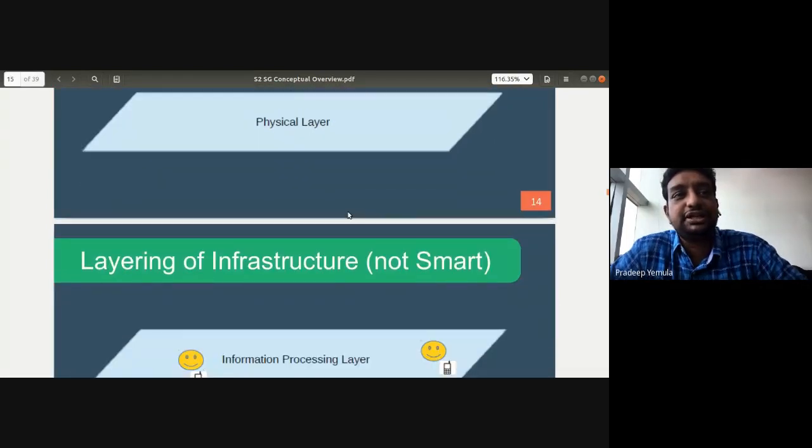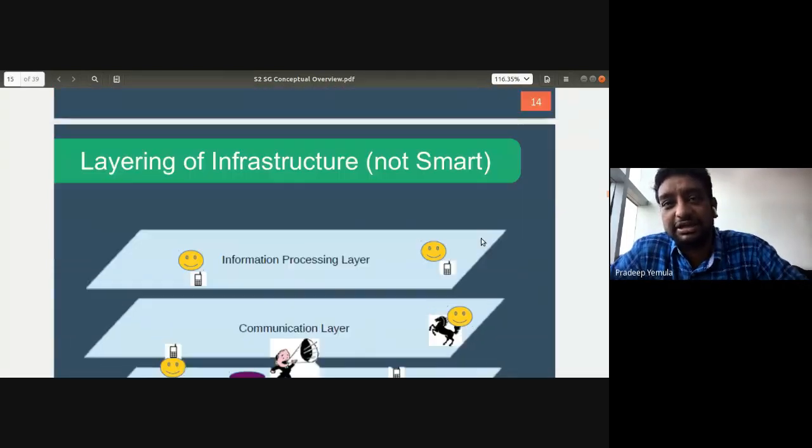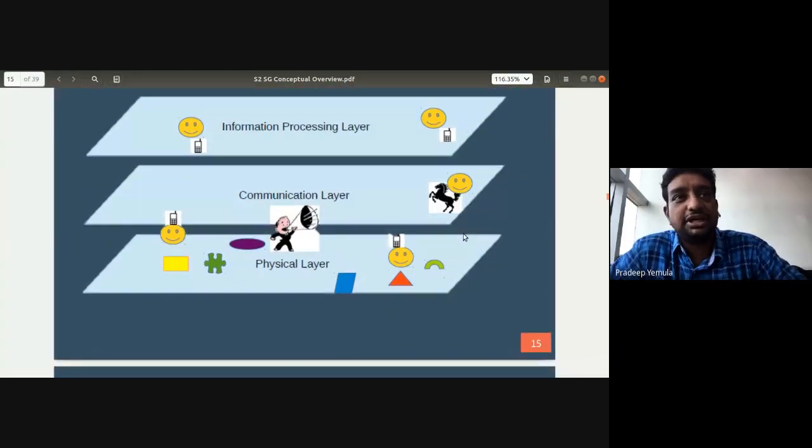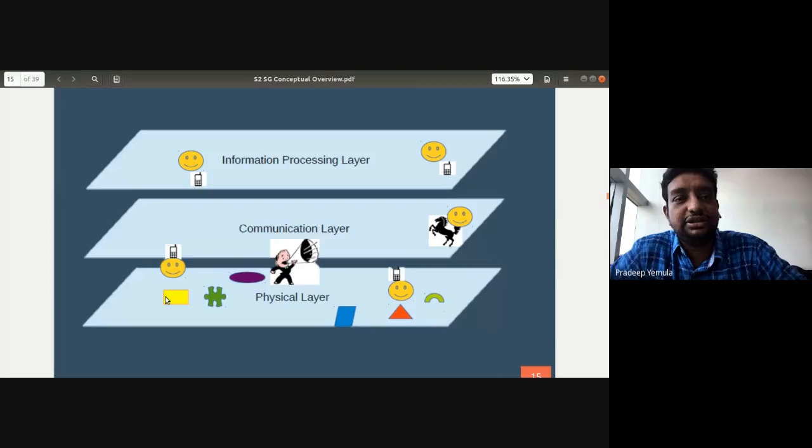So if you see, this is also layering, but this is not a smart one. So right now what we are having down, this box and this symbol and this triangle, all these boxes, symbols on the physical layer are the equipment. Now how these equipments are performing, the information has to be given forward. So one way is that there will be some operator.